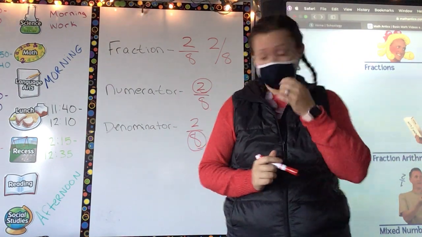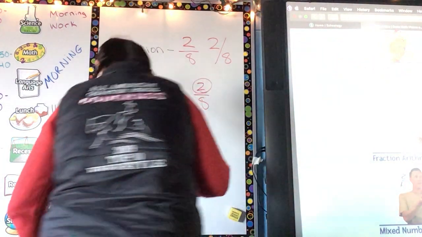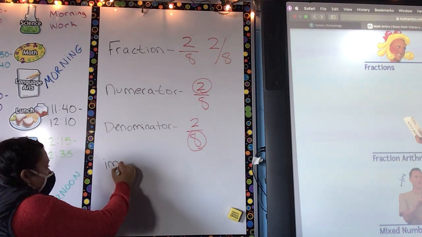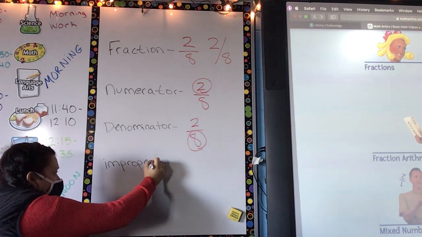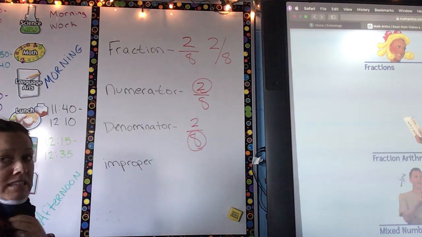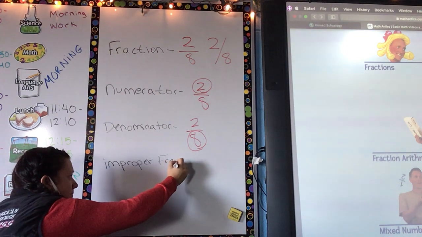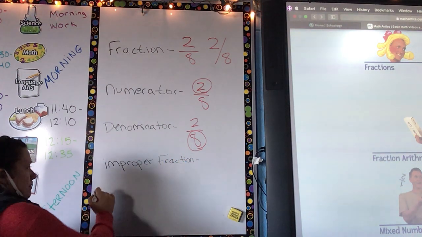Bradley? The number above the line in a common fraction showing how many of the parts indicated by the denominator are taken. Very nice. I have 2 vocab words I want you to add. Improper fraction. Oh, my handwriting's getting messy.